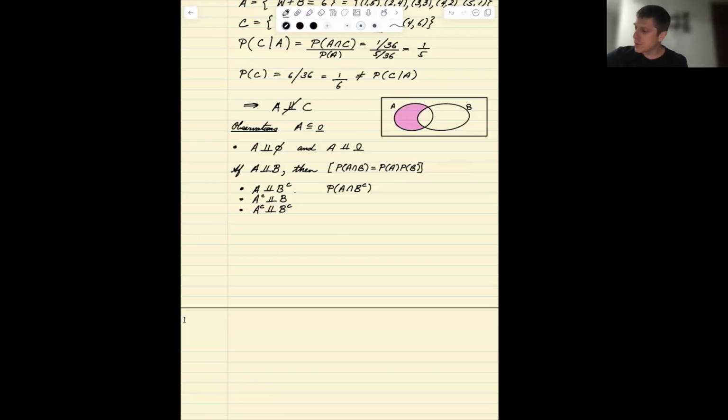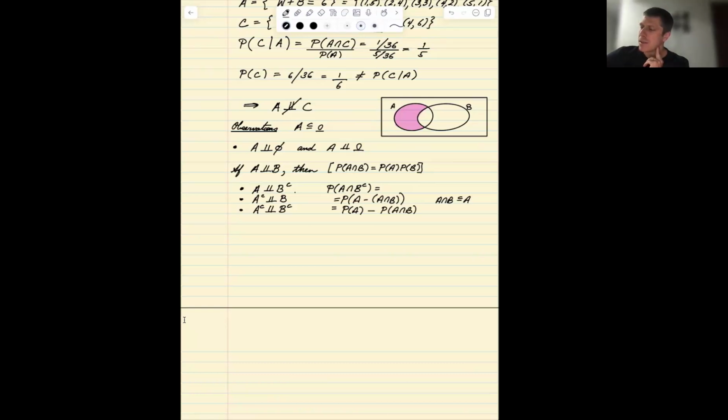Remember the rule of differences? So this is equal to the probability of A minus A intersect B. Why is that significant? Because A intersect B is a subset of A. So by the rule of differences, this is probability of A minus probability of A intersect B.